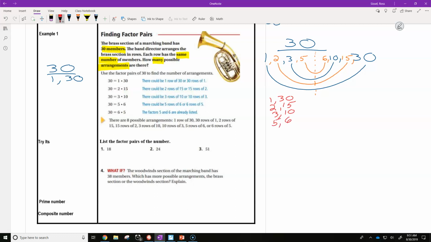And if I'm looking for arrangements, I could do the opposites: 30 and 1, 15 and 2, 10 and 3, and 6 and 5. How many different arrangements could we make? 8. You would just count up all the factor pairs. The easiest way, I think, is count your factor pairs and times it by 2, just to do the opposite way.